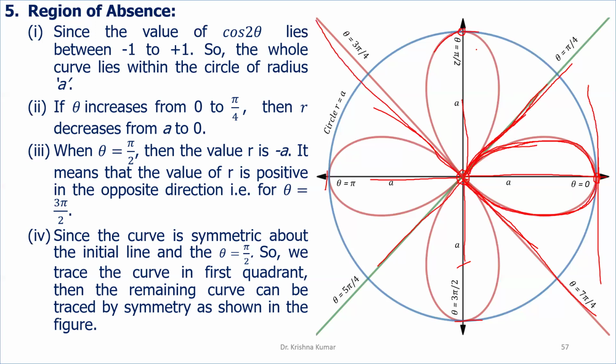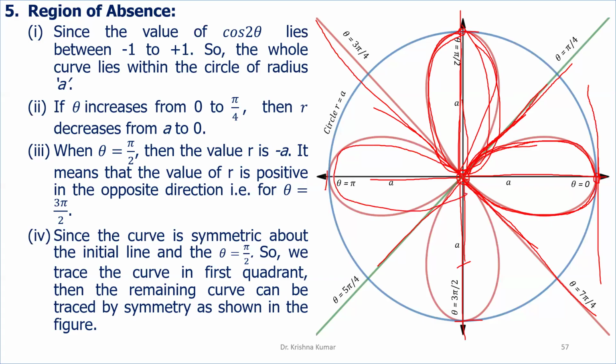This is tangent. We get another loop. So the curve is symmetric about the line theta equal to pi by 2. So if we are getting this one, we are able to get this one also. Right? And again, since this is symmetric about this, the same thing we will get over there.